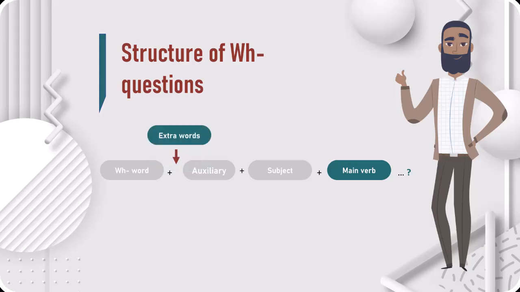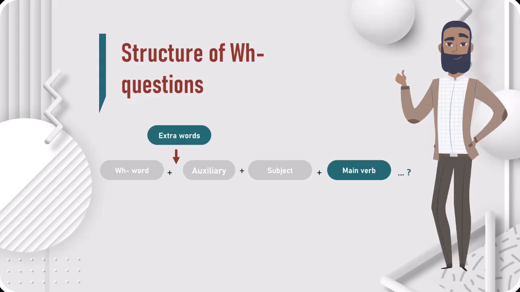In terms of structure, the question formed for a WH question, that is an open-ended question, has the WH word plus the auxiliary plus the subject plus the main verb, and you continue with the rest.